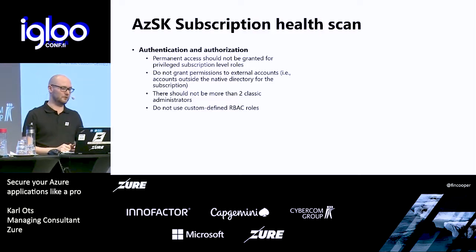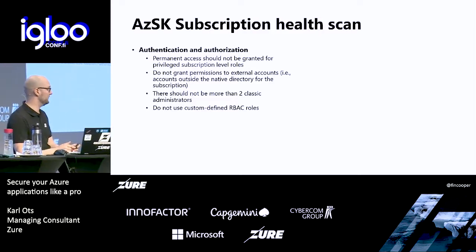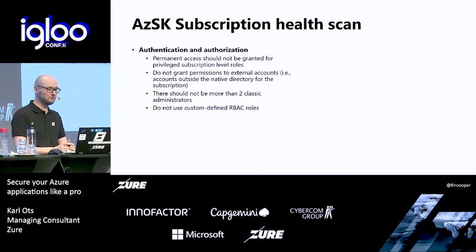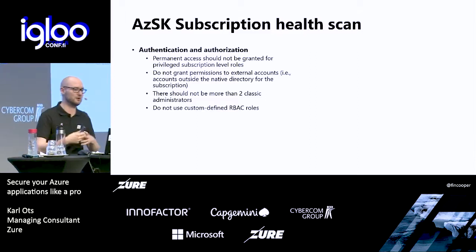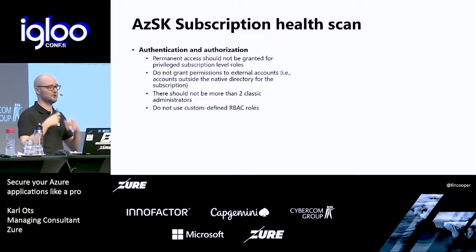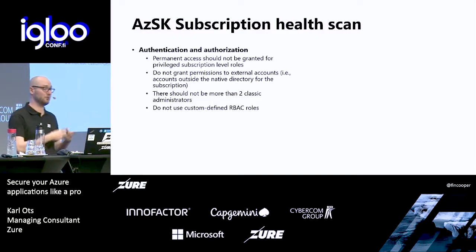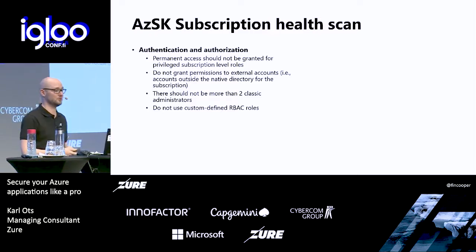The other one here is about the privileged identity management that Magnus also mentioned. Essentially, you shouldn't grant permanent access at a subscription level scope, specifically owner or contributor level access. You should always grant minimal access and then elevate your privileges using privileged identity management whenever possible.